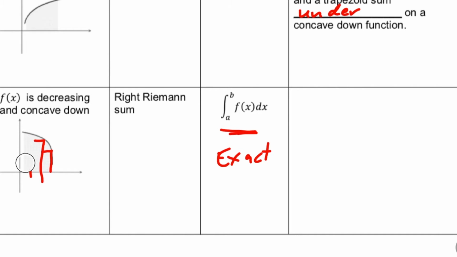That is not an under or an overestimate. Since column A was under and column B was over, that means column B would be greater. You can say something like: column B is greater because a right Riemann sum would be an underestimate, and this integral notation right here is the exact area.